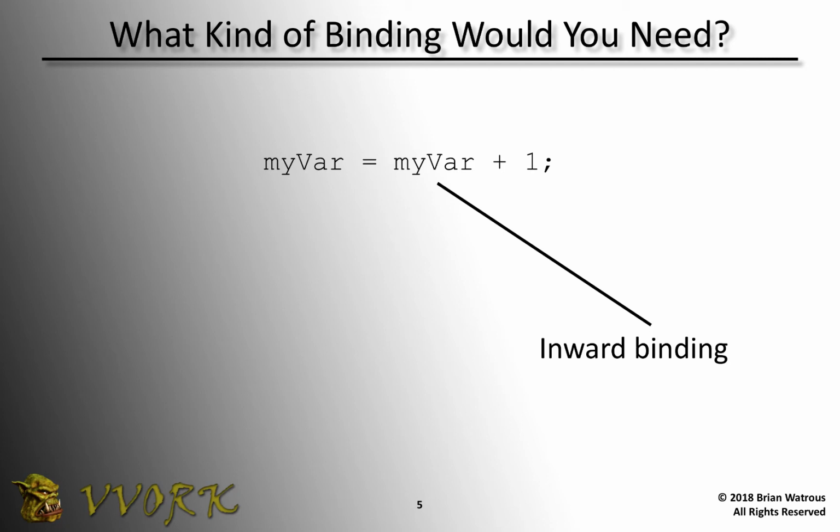But that's not the only thing we're doing with myvar in this example. As you can see over on the other side of this expression, we're also attempting to assign a new value to myvar. And that, as we saw in the previous slide, would require that we have an outward binding. So for this particular code to work, we would need to have both an inward binding and an outward binding.